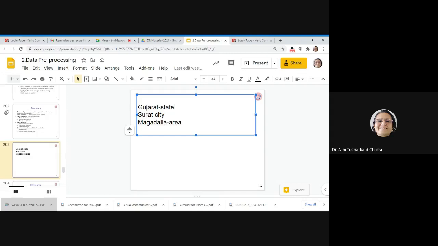And this is the concept hierarchy. Okay, so at least you get the idea about the concept hierarchy, isn't it?